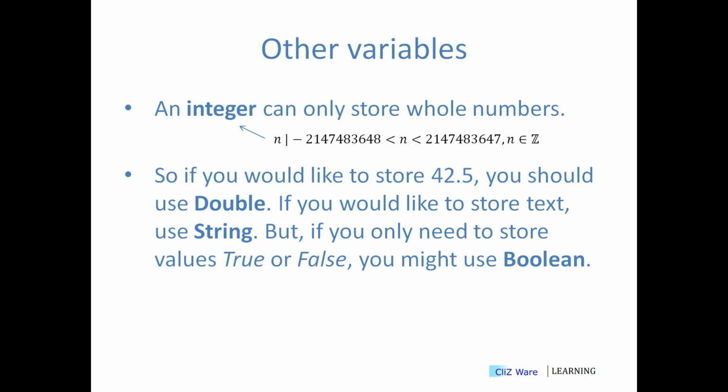For instance, if you would like to store 42.5, then you would use doubles. If you would like to store some sort of text, you should use string. But if you only want to store values such as true or false, you might want to use boolean.